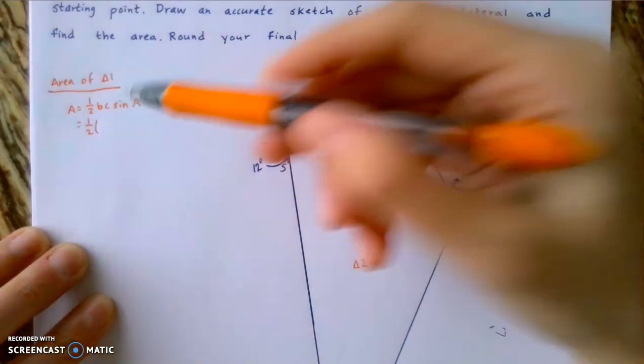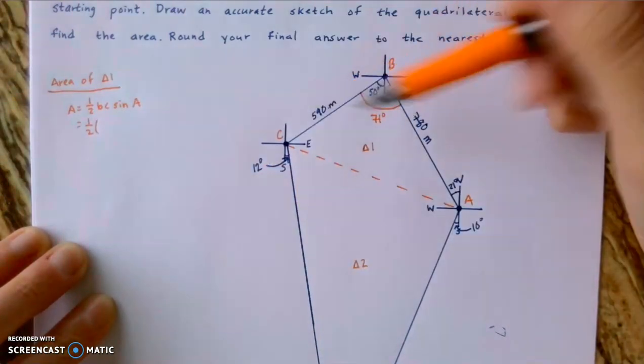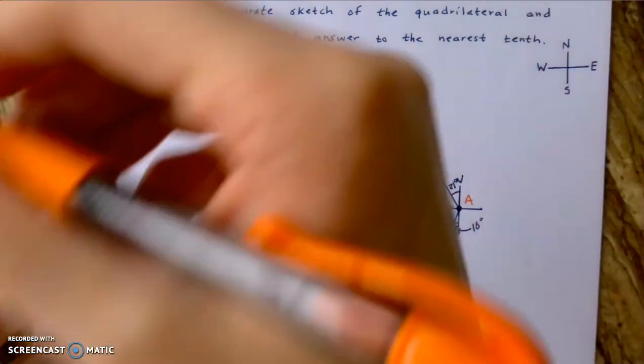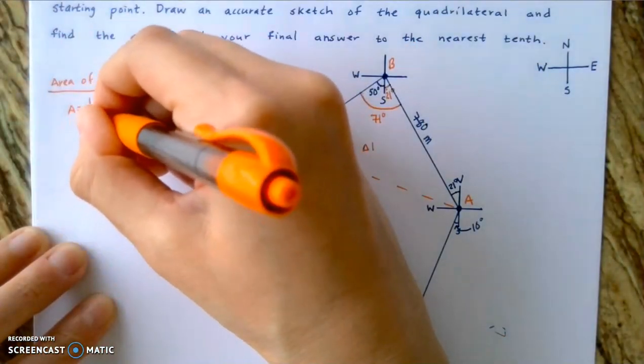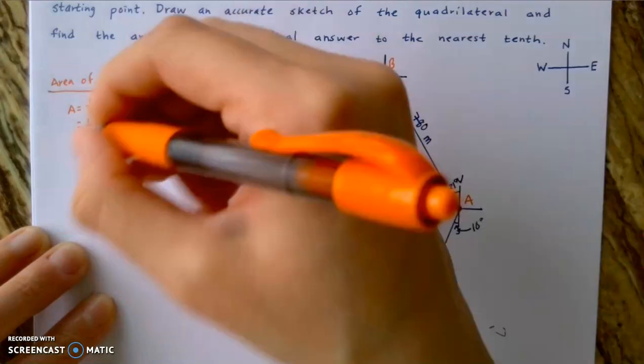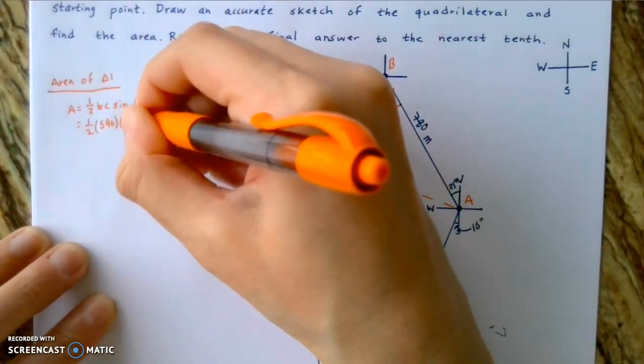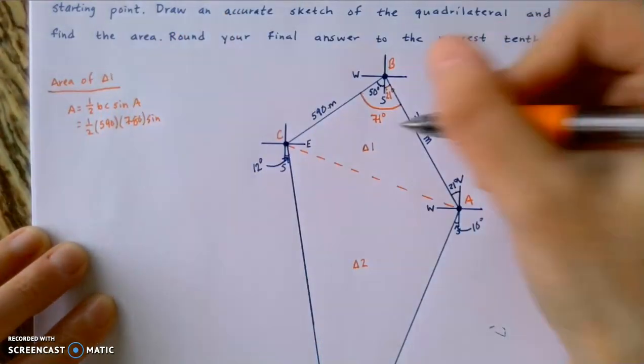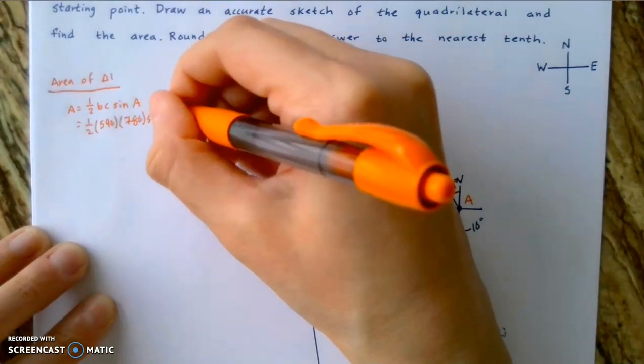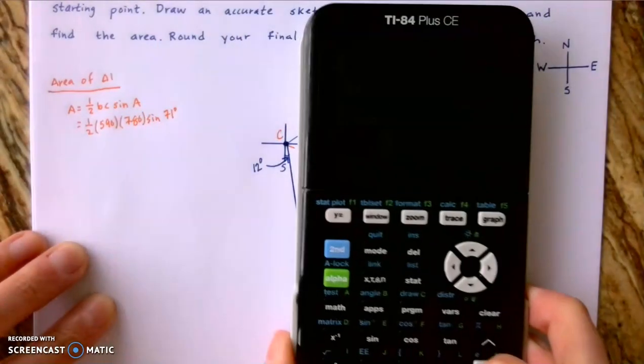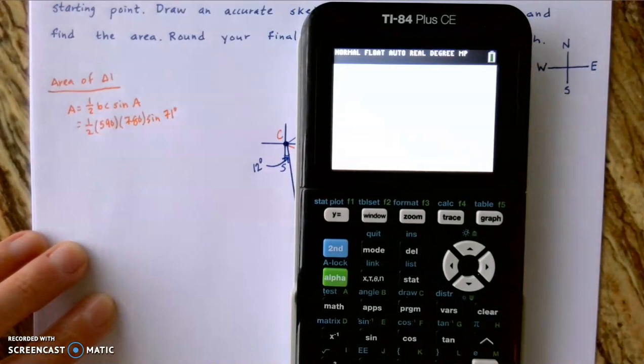I know that my angle is going to be the included angle, and I know that the other two sides have to be the adjacent sides. So I'm going to do 1/2 times 590 times 780 times sine of angle A, which is 71 degrees. All right, so I can go ahead and plug that in. So I'm going to do 0.5 times 590 times 780 times sine of 71 degrees.